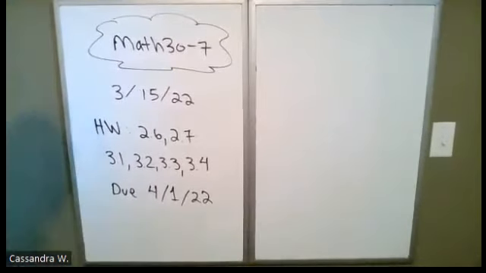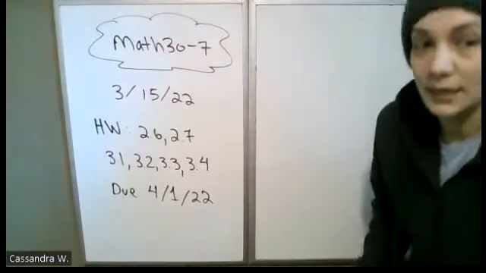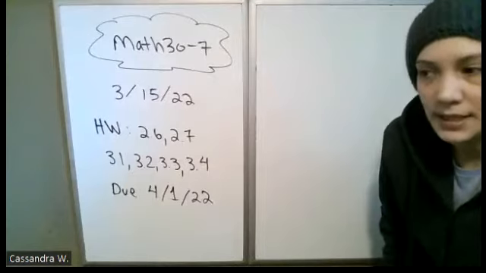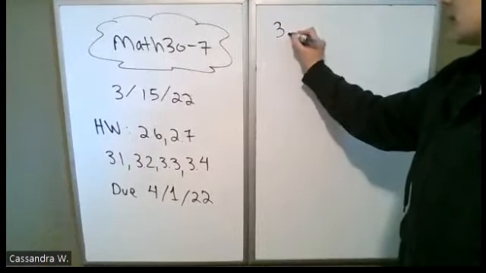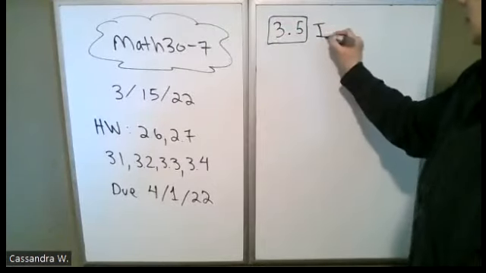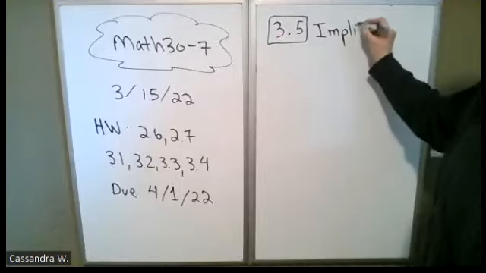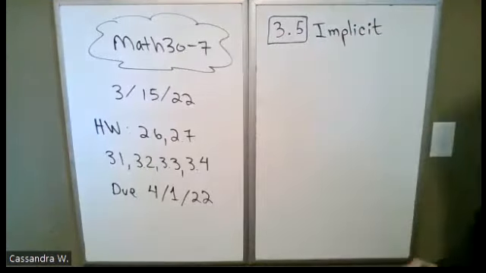All right, 3.5 is implicit differentiation. We did 3.4 yesterday, right?